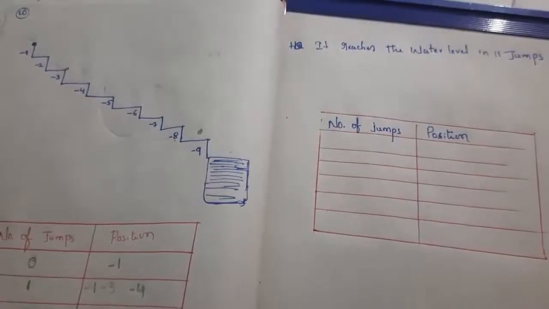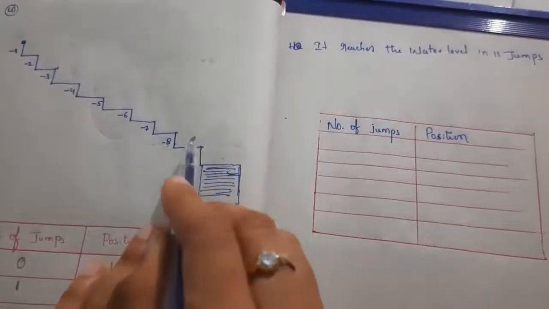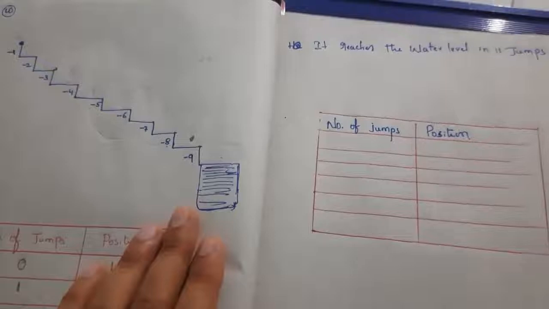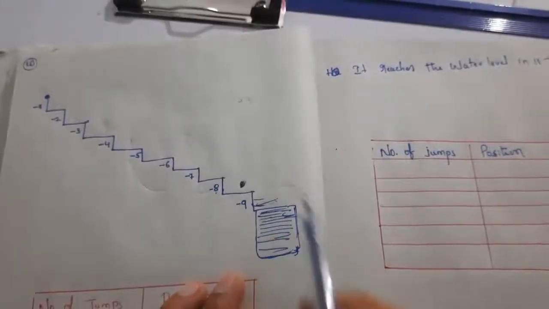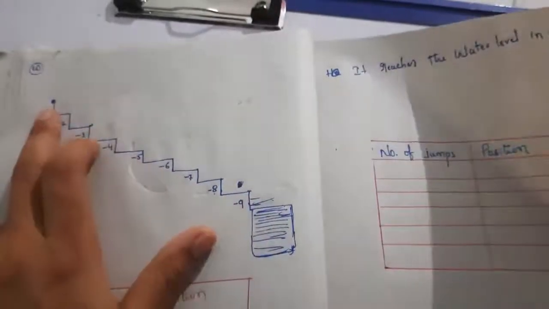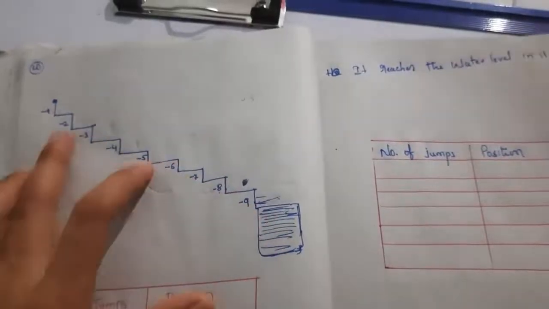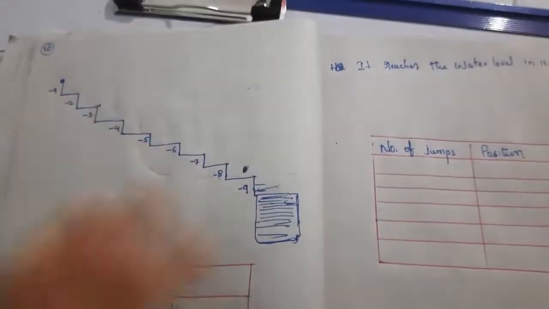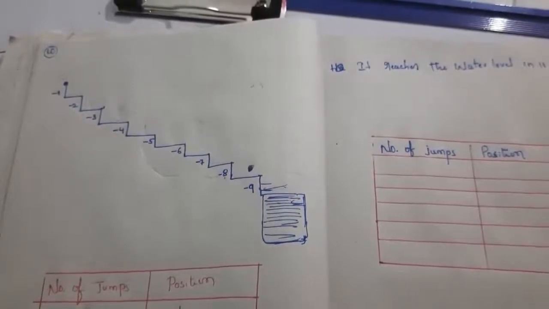According to the second question, after drinking water, the position of the monkey is now at the 9th step. After drinking water, he wants to move to the top of the tank. First step, what does it do? It wants to reach the topmost level.